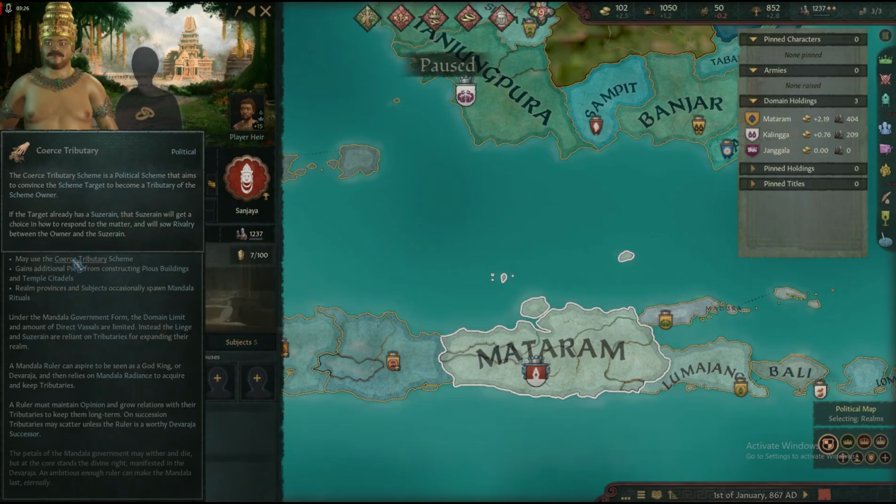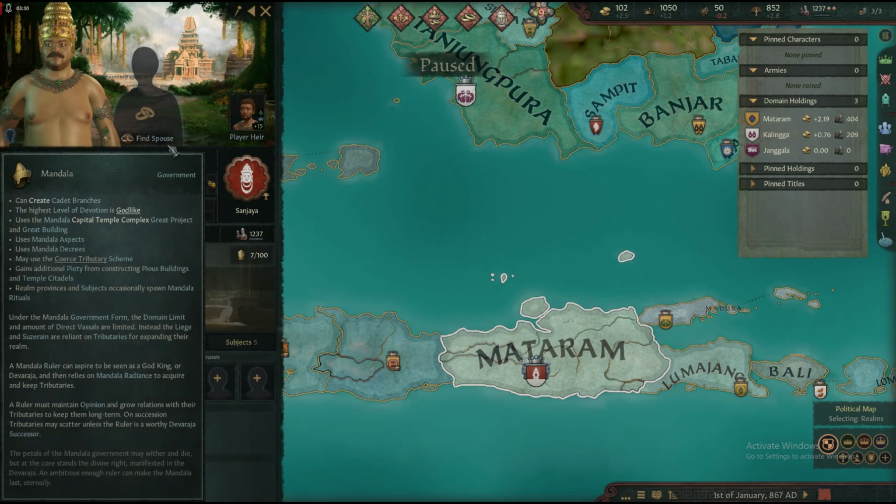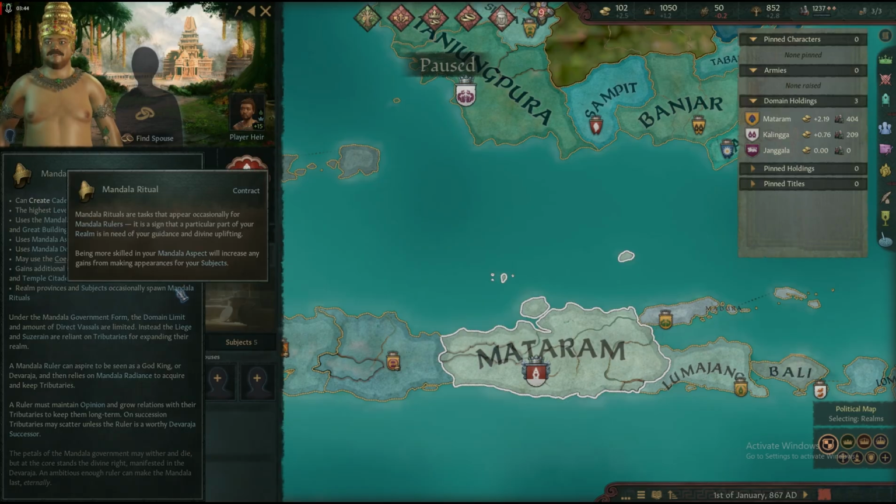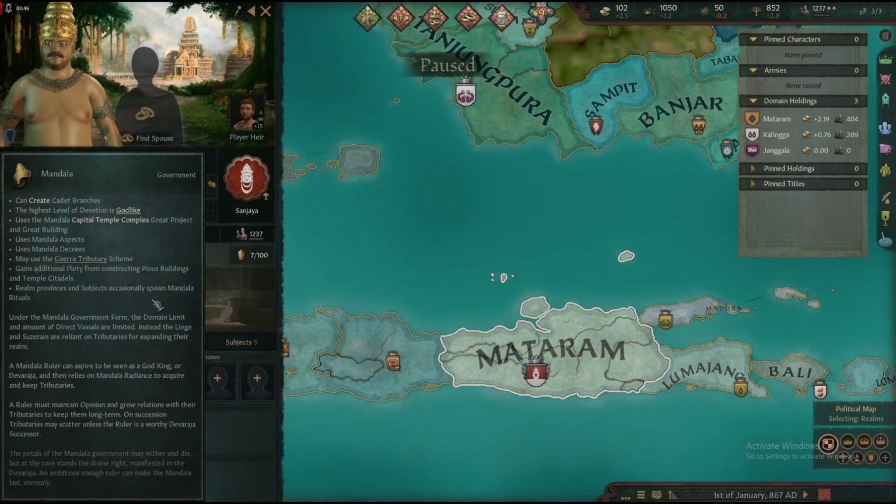I'm sorry, having trouble remembering the names of this stuff a little bit. You gain additional piety when constructing piety buildings, and your temple citadel, which is the thing we just talked about. Realm provinces and subjects occasionally spawn Mandala rituals. I haven't ever actually seen one, but I know that they exist.